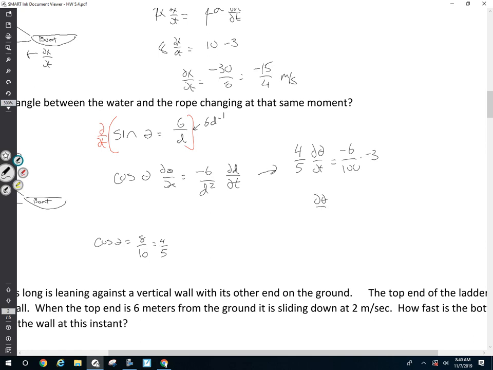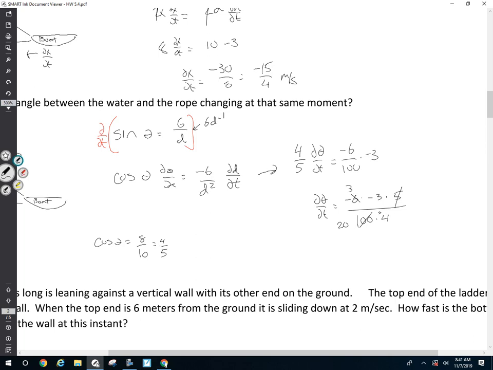D theta dt equals -6 times -3 times 5 over 100 times 4. This is 5. This turns into 20. This turns into 3.